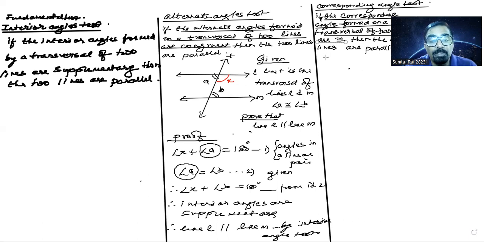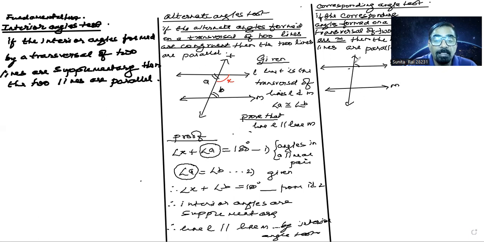So I'm going to draw a picture for it. You can see here, this is one line, this is the other line. I'm drawing it a little smaller, and this is the transversal. Correct? And if the corresponding angles formed on the transversal of two lines are congruent, मतलब ये दो lines है, P is a transversal, and this corresponding angles formed.